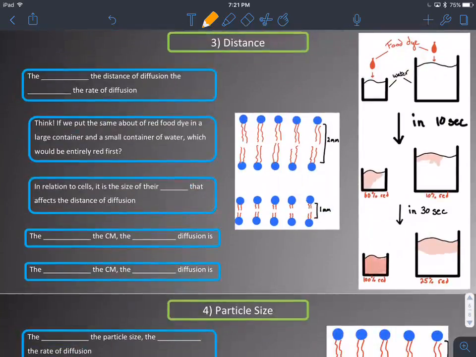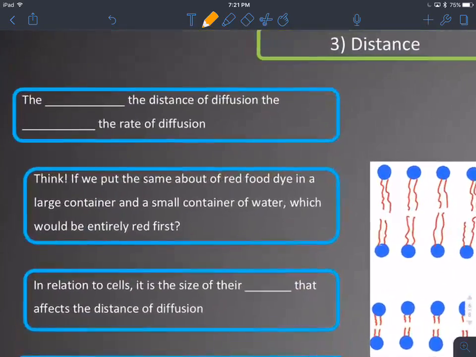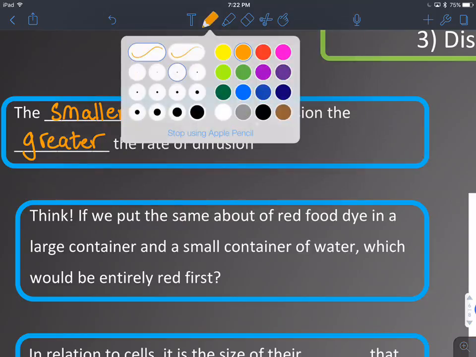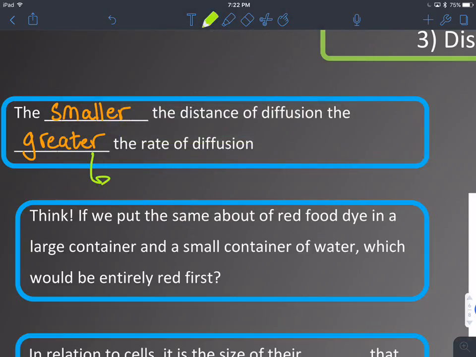So moving on to number 3, the smaller the distance of diffusion, the greater the rate of diffusion. So this is our first example of an inverse relationship.